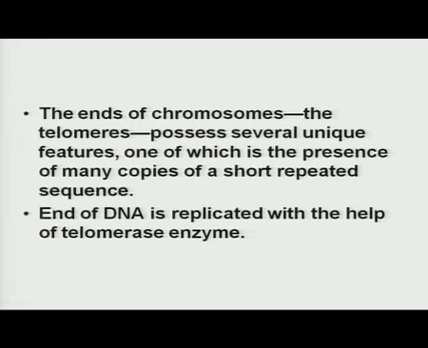Now, what about this gap? Will it remain as a gap or will it be filled up? If it remains in the form of a gap, after each cycle of replication the size of the DNA will get shortened and eventually the cell will die. But it is not happening like this. Then what is happening to them? How are these gaps being filled up? So, let us discuss here.